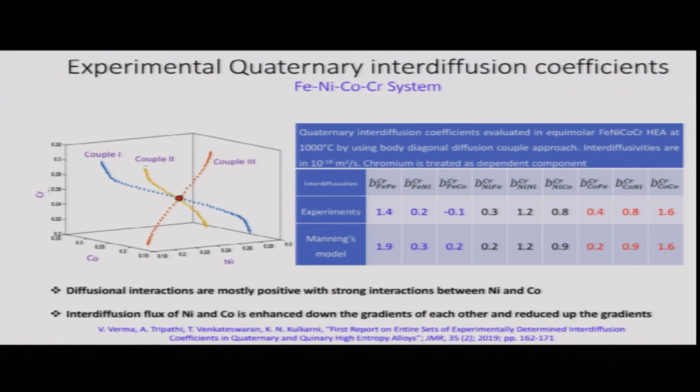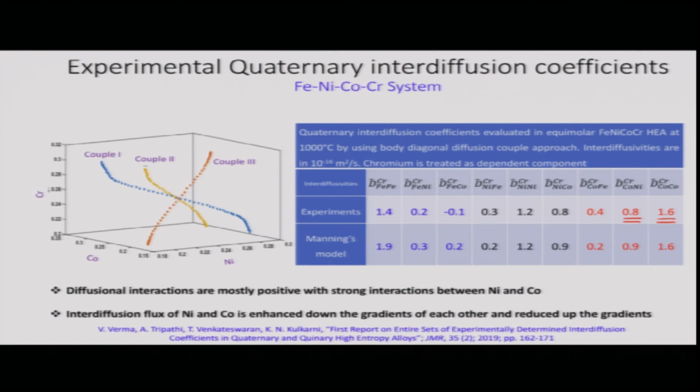We can see significant interactions exist between nickel and cobalt. So, if we look at the cross coefficient cobalt nickel, it is 50% of the value of D cobalt cobalt, the main coefficient.